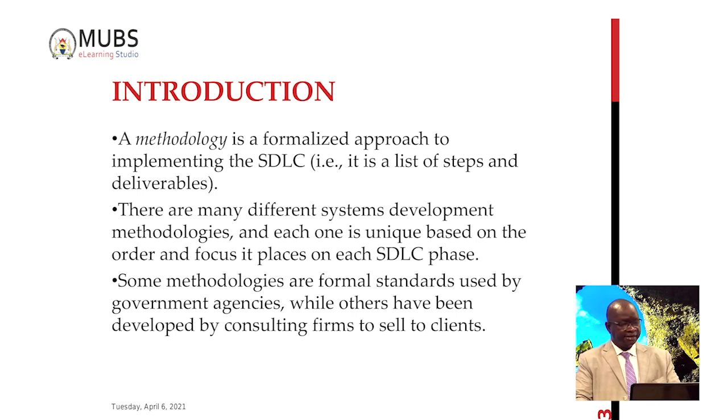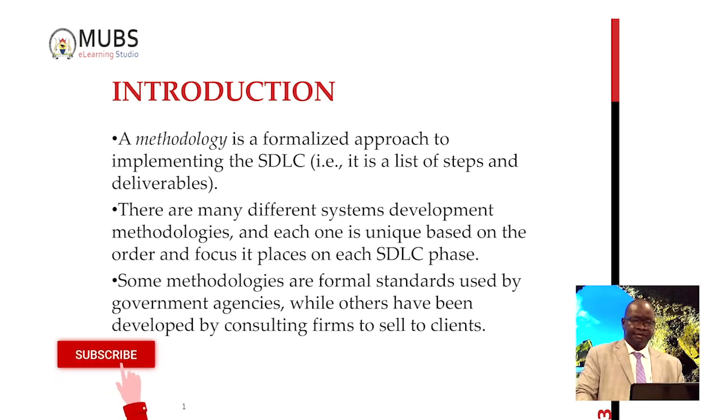In the first lecture, we discussed systems development life cycle, what we abbreviate as SDLC. And we said this is the approach of developing computerized system, the development life cycle. It has elements, what we call phases.